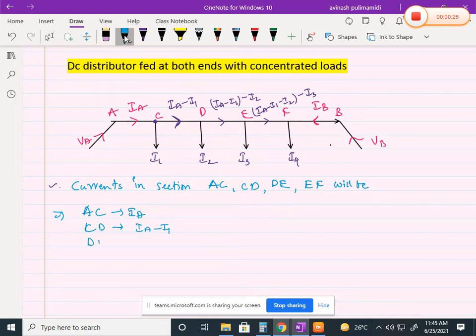Currents in section DE will be IA minus I1 minus I2. Currents in section EF is IA minus I1 minus I2 minus I3. Okay. Currents in section FB will be IB.